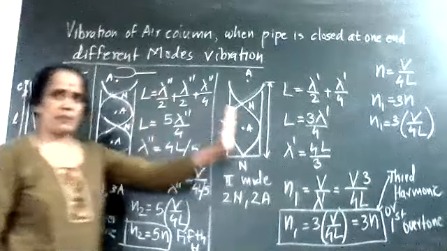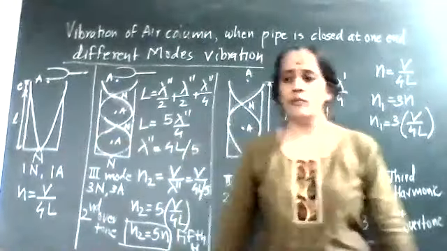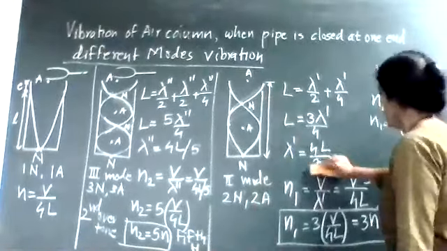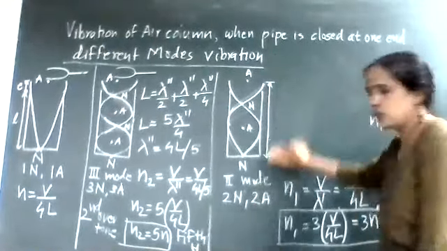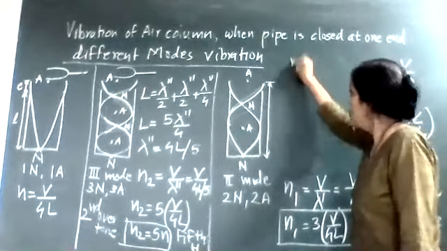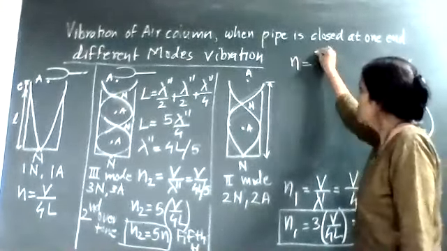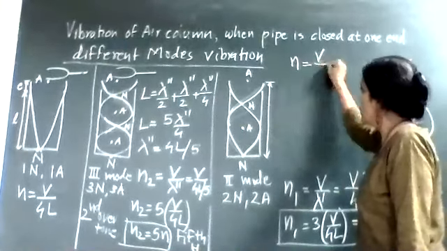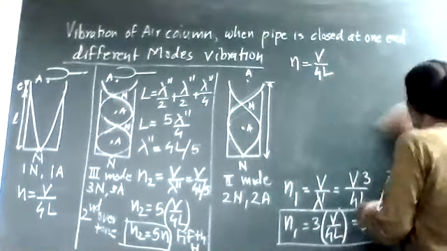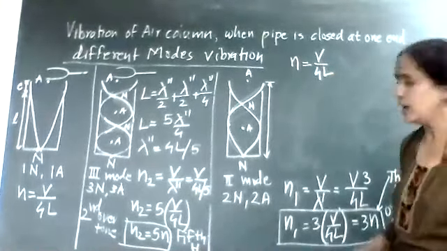So these are nothing but the different modes of vibration. Now, if I write the conclusion for these different modes of vibration: the fundamental frequency is N equal to V by 4L. This is the fundamental frequency when the pipe is closed at one end.